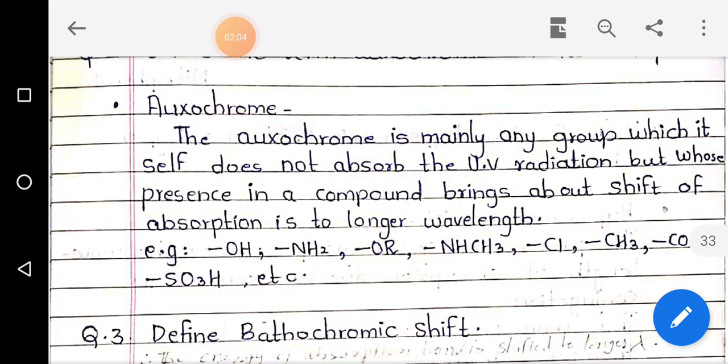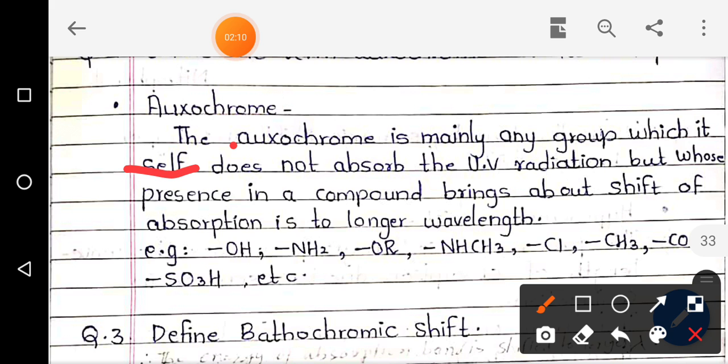We are considering the groups, for example the OH group. If it is attached to any compound, it increases its resonance. How it increases its resonance, we can understand by structure also.